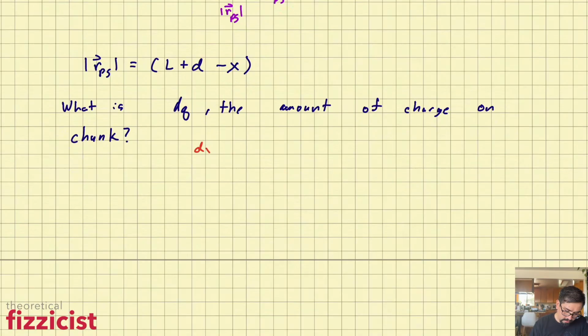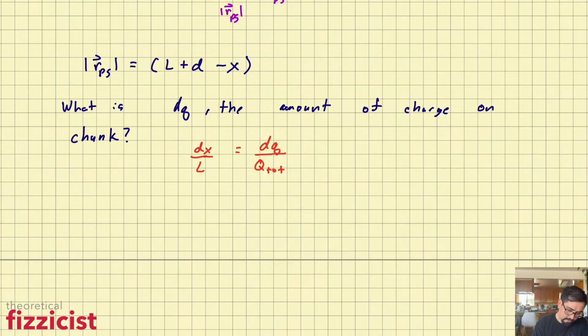Whatever proportion of the total length dx, the length of my little chunk, constitutes of the total length of the rod, that same proportion must be equivalent to the amount of charge on that little chunk divided by the total charge. So what we know is that dx over L has to equal, apologies, the little charge on the chunk divided by the total charge on the rod.